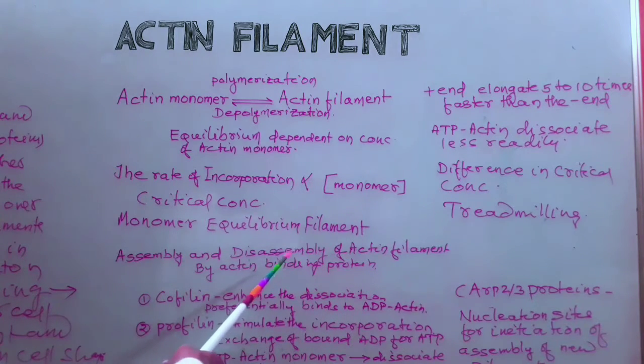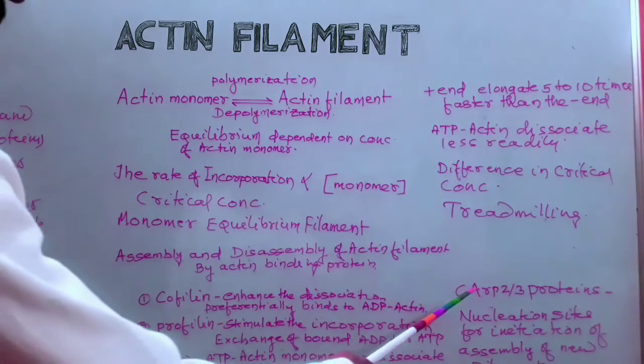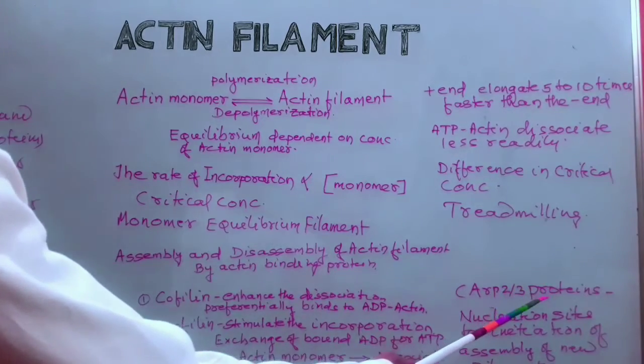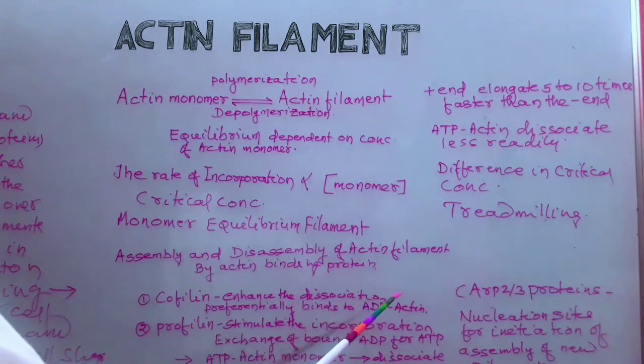Assembly and disassembly is regulated by various actin binding proteins, like cofilin, profilin, and ARP2/3 proteins. All of these proteins play a regulatory role in the assembly and disassembly of actin filament.